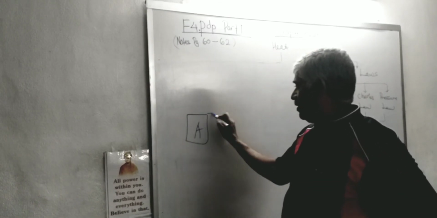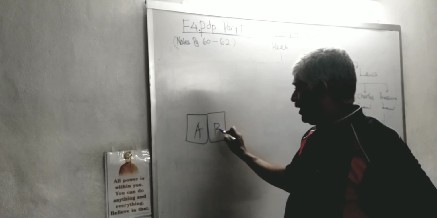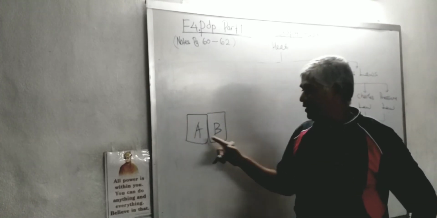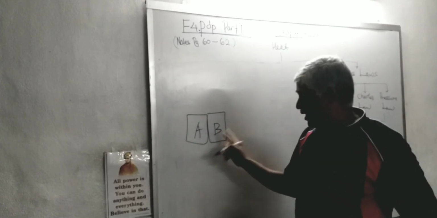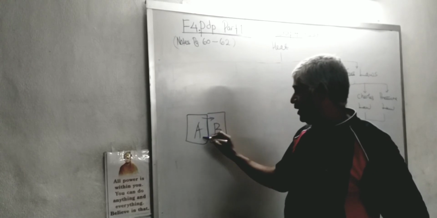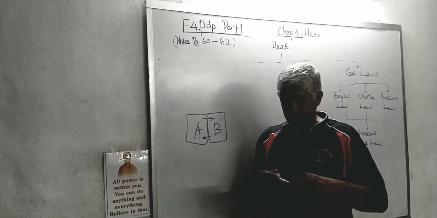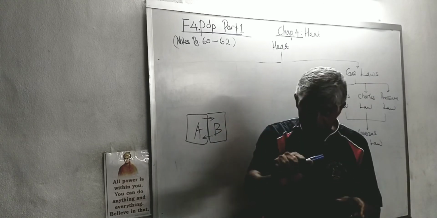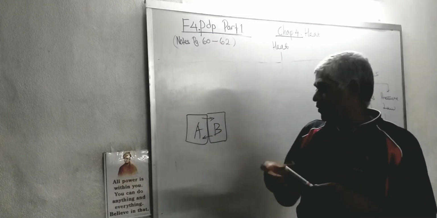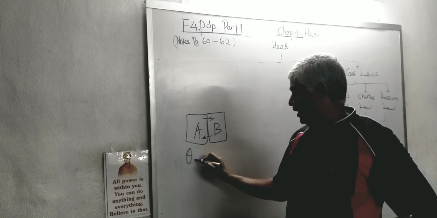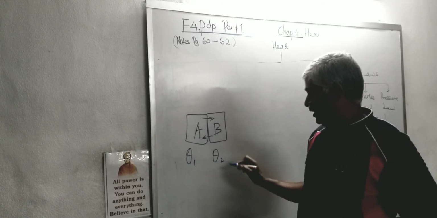object A is in contact with object B. When we say they are in thermal contact, the minute they are in thermal contact, heat starts flowing between the objects. Say object A has temperature theta 1 and object B has temperature theta 2.